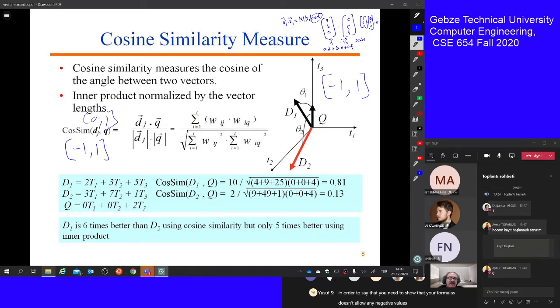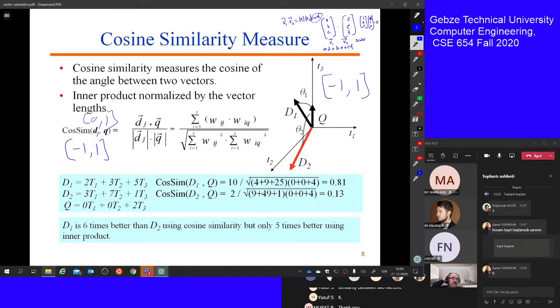And since we verified that our formulas cannot produce any negative values, only the values between 0 and 1, we could say that this is a very good metric to measure the distance between, or the similarity between, two vectors. Okay? Thank you.